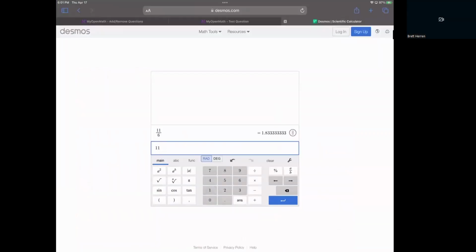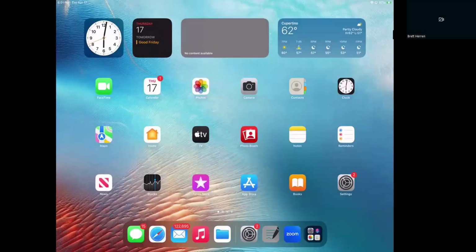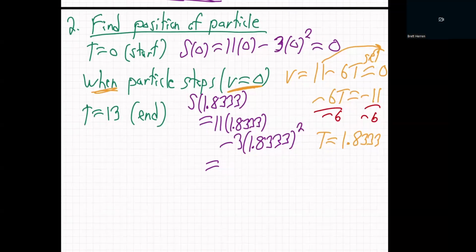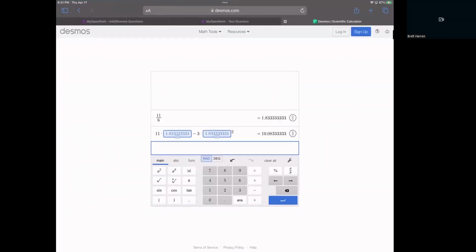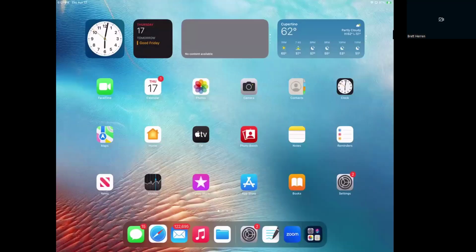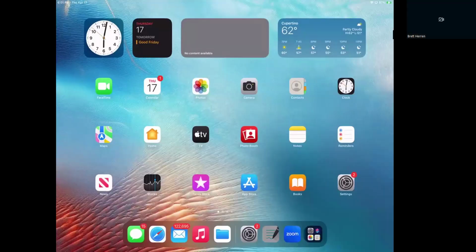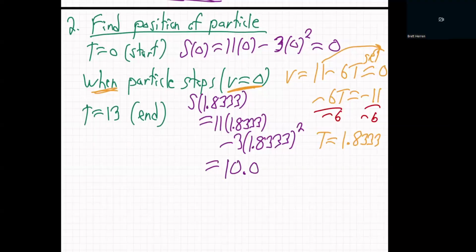What did Desmos tell us? 10.08 with a bunch of threes. So 10.08, and that's meters because that's a position. This also, the 0 is meters.